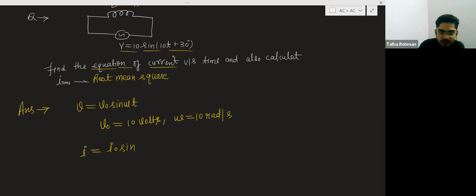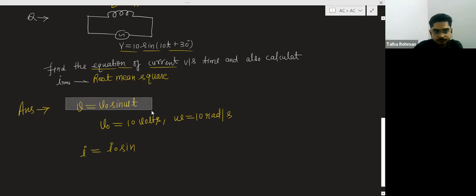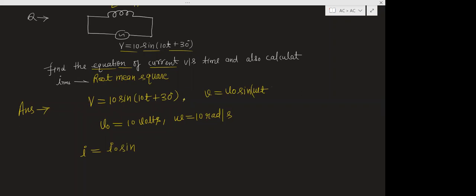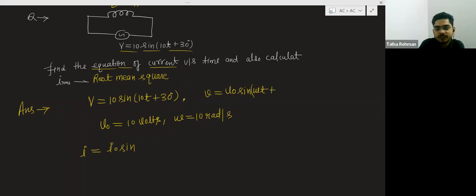So this voltage is given to you. This is the general equation. Basically this equation in actual is 10 sine 10t plus 30. So you will compare this equation with V is equal to V naught sine omega t. And you can take some initial phase of the voltage.